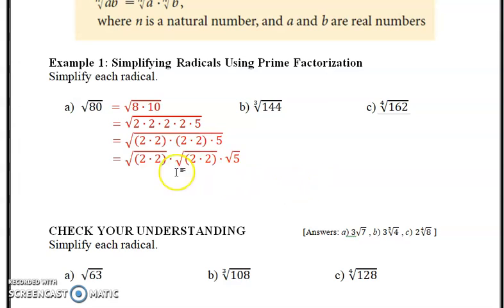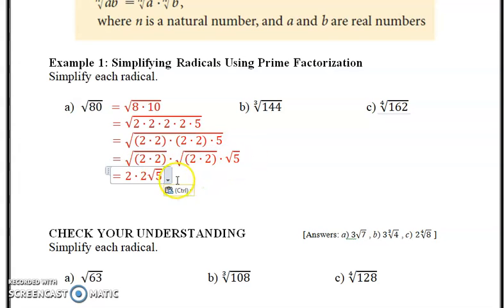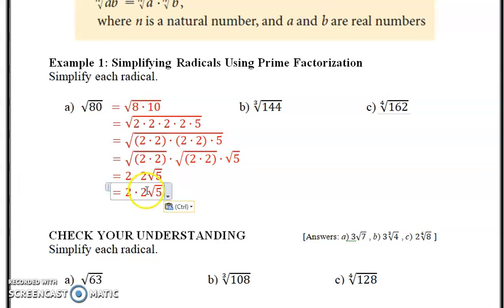We can break it down: here we have the square root of 2 times 2, which is the square root of 4, which is simply 2, multiplied by 2, and then there's nothing you can do with the square root of 5, so you leave it. You simplify by multiplying the 2s together, and you get 4 root 5.